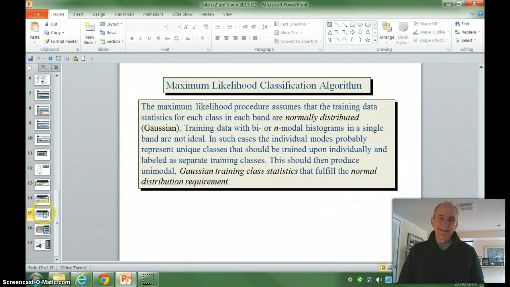And so again, this is probably where most of the problems arise in maximum likelihood classification, in accepting a training sample that is not normally distributed. So you're violating that normality assumption. So when you have a training sample that is bimodal, you probably should take a look at that training sample, and you're really looking at two different things, right?